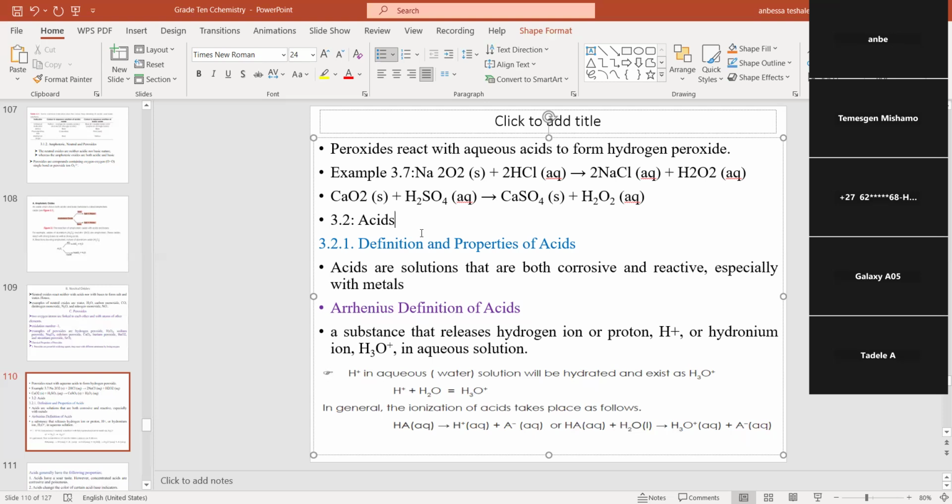ተብሎ acidን different scholars define acid in different ways. So here is the first scholar that tried to define the acid. Here is Arrhenius definition.